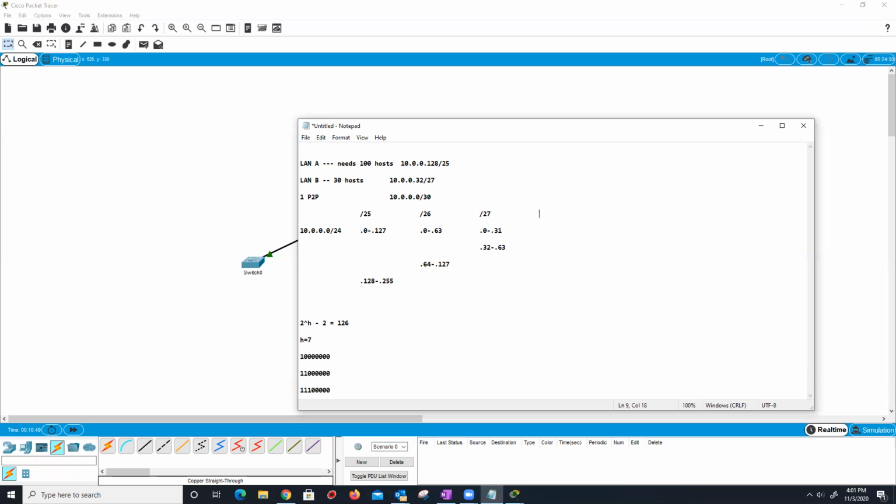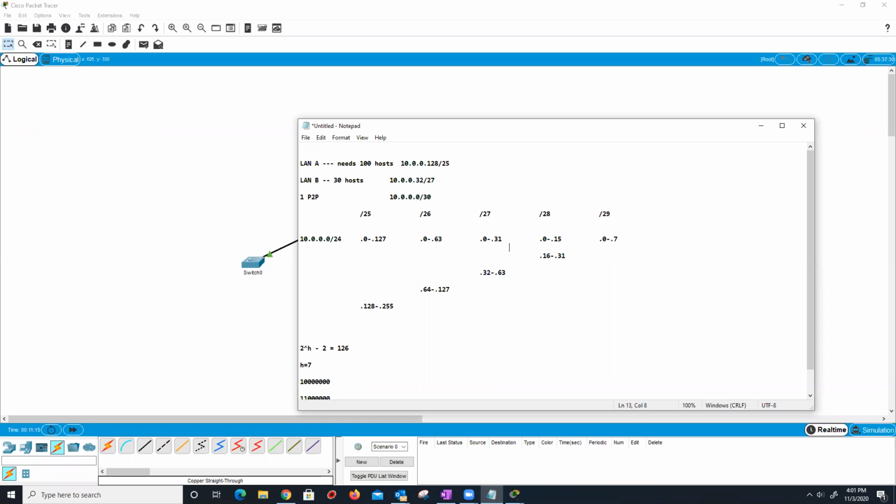But if I wanted to, I could go in here and just do /28, which becomes .0 to .15 and .16 to .31. We could go again, /29, and this becomes .0 to .7 and .8 to .15.